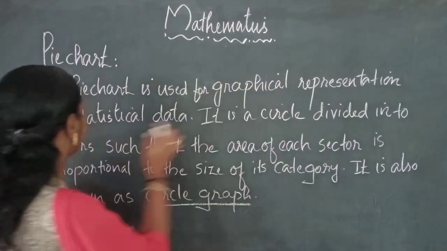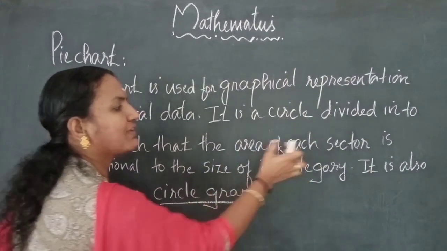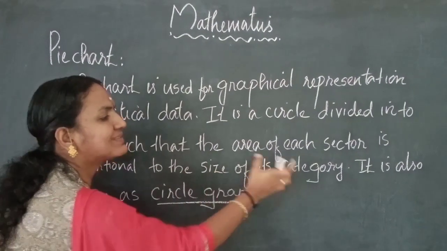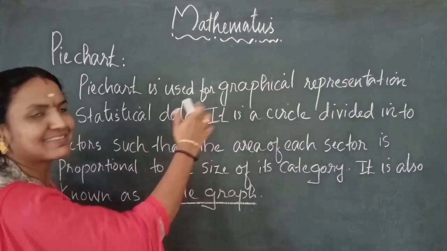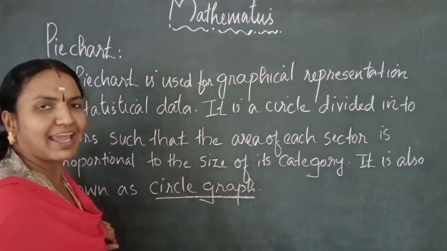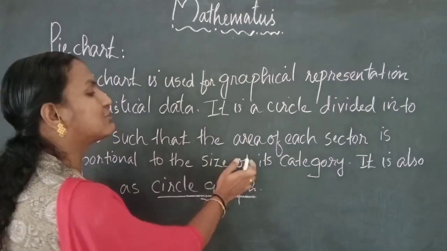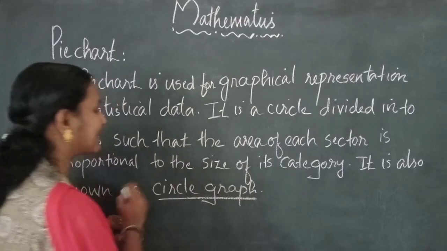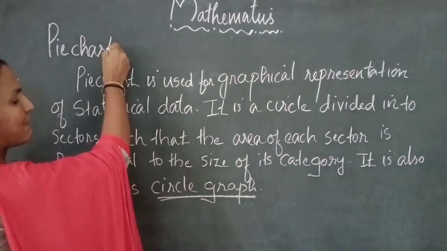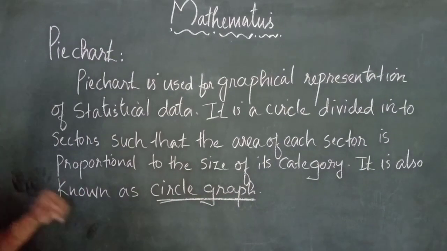That circle divides into sectors such that the area of each sector is proportional to the size of its category. It is also known as circle graph.